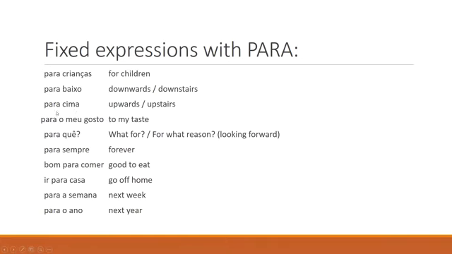Para baixo, para cima, like going down, going up, giving the idea of movement. Para o meu gosto, to my taste, very nice. Para quê? It's similar to porquê, but here we're looking forward. For what reason? Why are you asking me to do this? Para sempre, forever. Bom para comer, good to eat. Ir para casa, go off home, like that's your final destination at the end of the day.